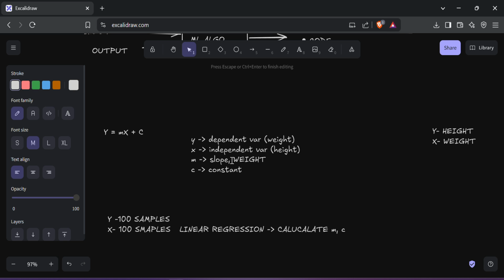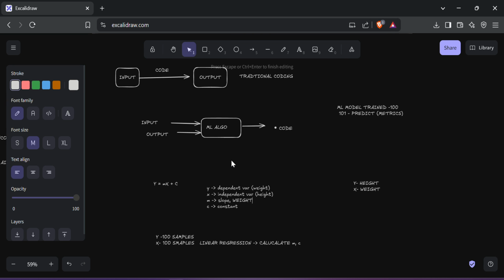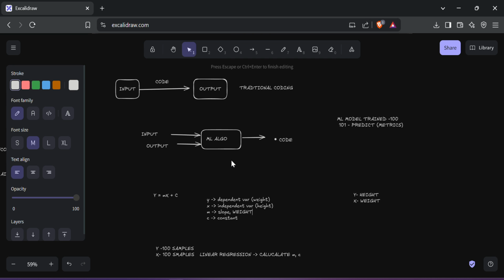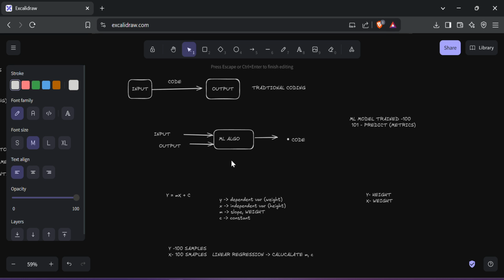Don't worry, we will be discussing it in the next video on linear regression, and you'll be amazed at the visualizations. You'll be very amazed after seeing that. You can see the linear regression in your mind. You can easily cope with that.